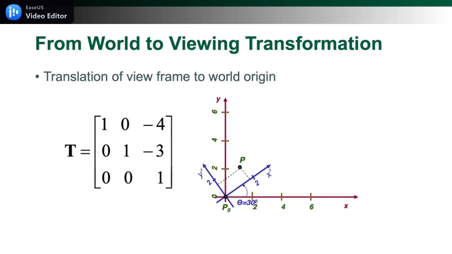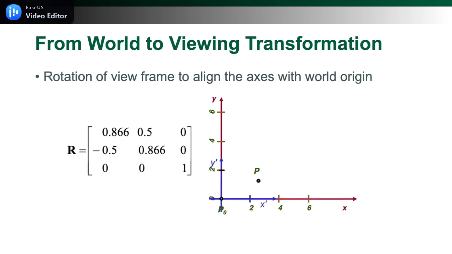So the next step we need to perform is a rotation. The rotation matrix comes out to be this one here, which as you can easily see has cos 30, sin 30, minus sin 30 and cos 30 as the values in the matrix.